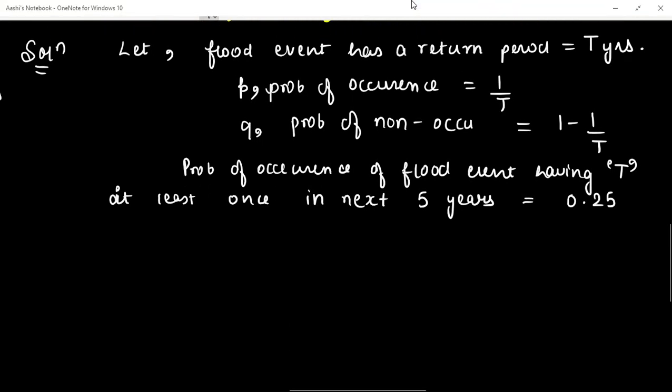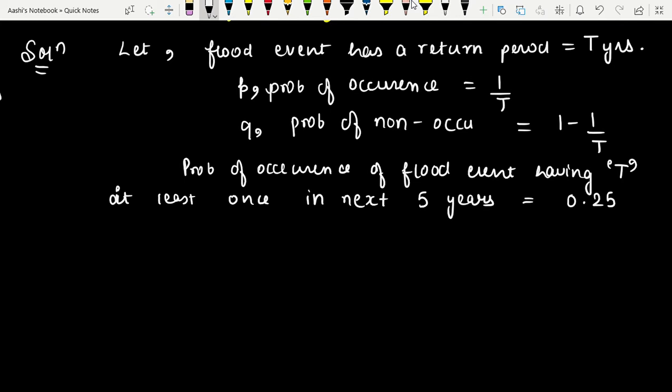Okay, so at least once means, what are the chances that it will occur one time or two times or more than that in the next 5 years. So can I say that the probability of not occurring at all is equal to 0.75? Yes, 1 minus 0.25 basically.